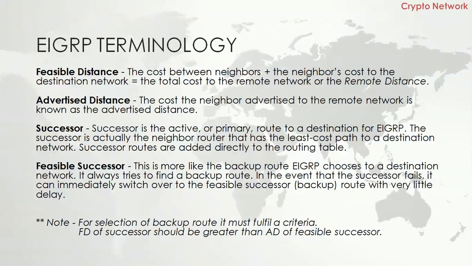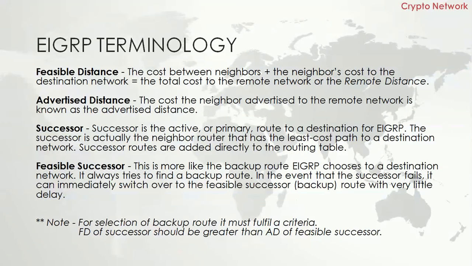In simple terms, the cost between this router and the next hop router plus the advertised distance sums up the feasible distance. From the perspective of each router, the best path learned through EIGRP to a destination network is known as the successor route.